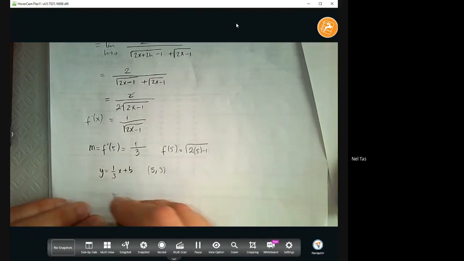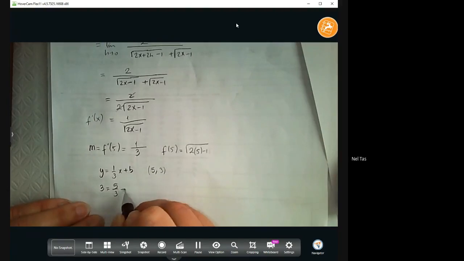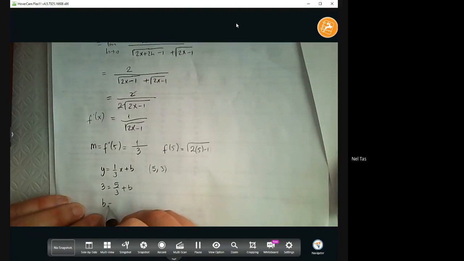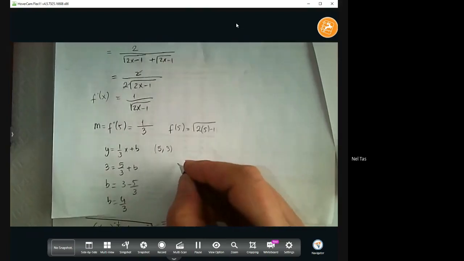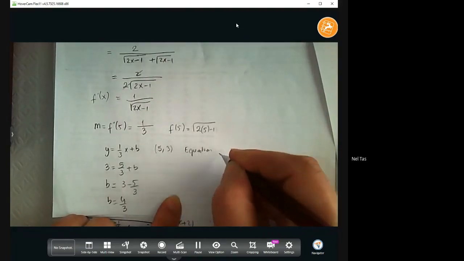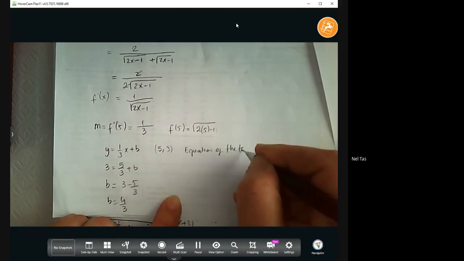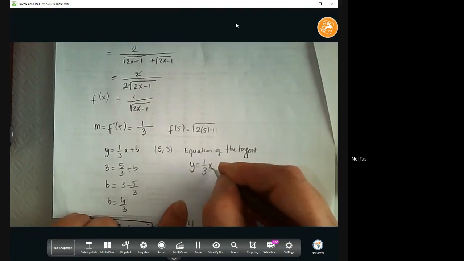Sub in here: 3 equals 5 over 3 plus b. b is 3 minus 5 over 3, so b is 4 over 3. So the equation of the tangent is y equals 1 over 3 x plus 4 over 3.